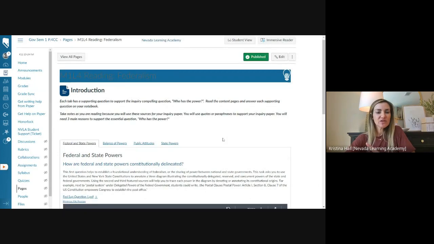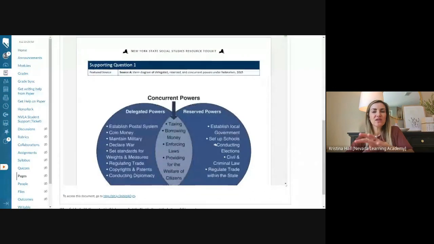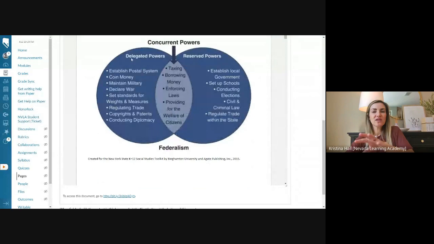And then number 2, and remember, you could either do it in the Venn diagram or you could just make lists. Okay, and we went over delegated powers, and we just went ahead and put this in our notebook. Concurrent powers, which is both that they share, and then reserved powers, which is the states. So if you missed those, you'll need to go back and you can either create lists, but you can literally just use this information, or you can edit.